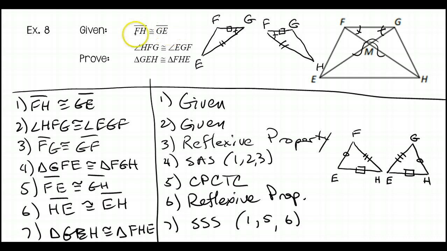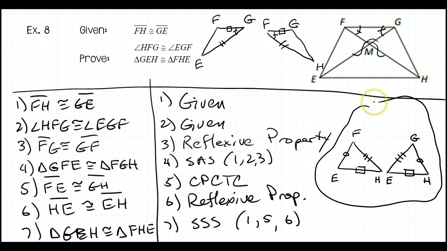So if we pull those apart and look at what we have, we were given that EG and HF were congruent. That was our first piece of given information. And we were given that these two angles were congruent, these angles in the corners here. And we also have this reflexive side on the top. So two pieces of given information and a reflexive side, I've got the two triangles congruent. Now, once I get these two triangles congruent, I want to look at the bottom overlapping triangles, which I've redrawn over here.